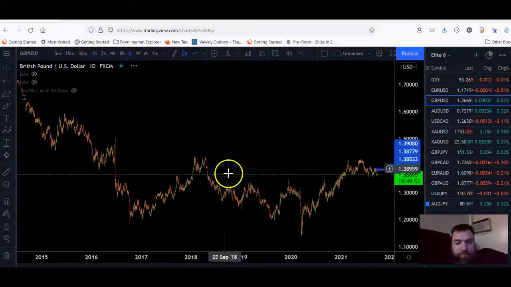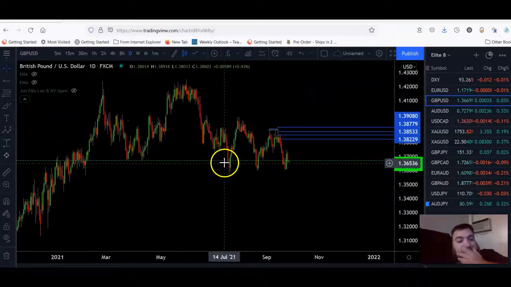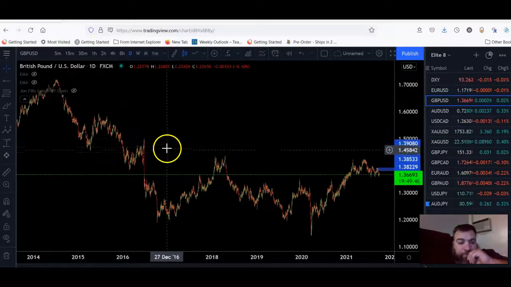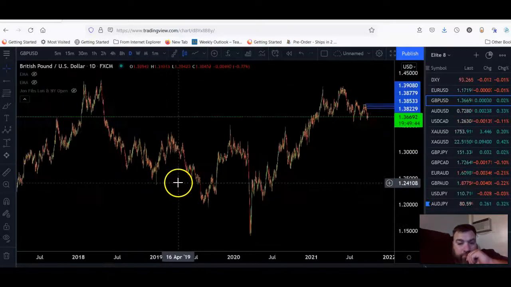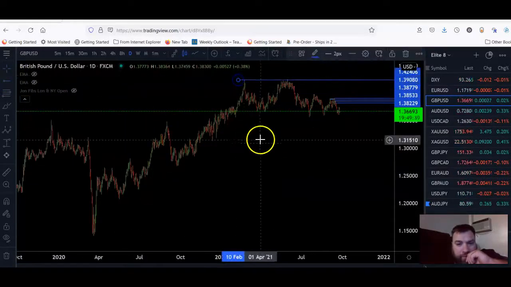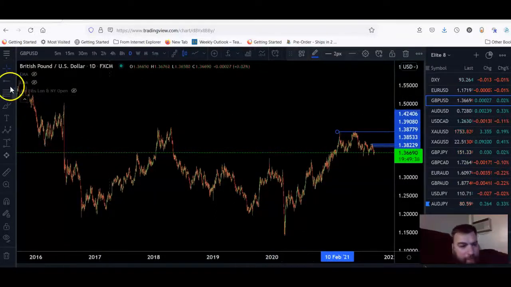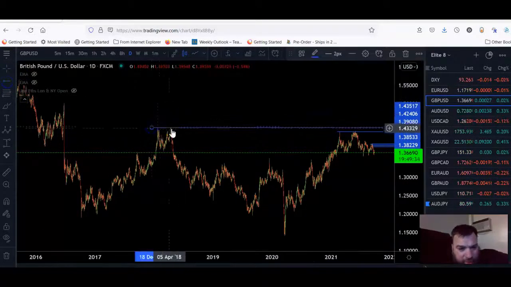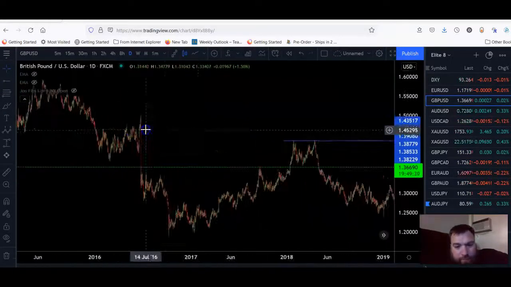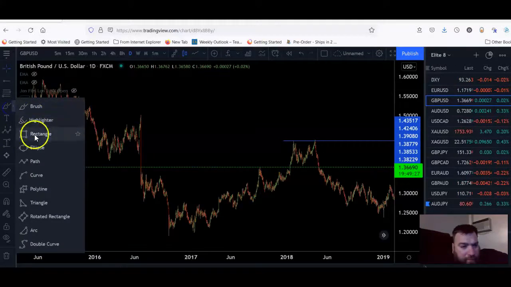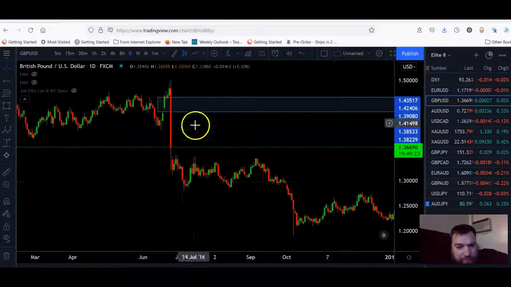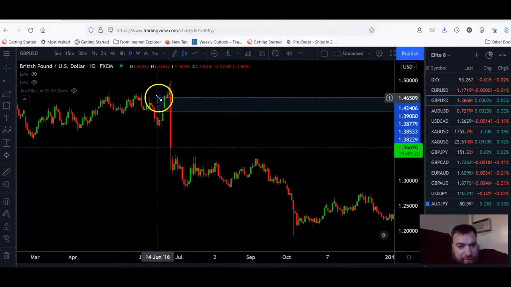But here, let's look at this on the daily. So on the daily, some equal highs right here. These are relatively equal highs right here. You still have some imbalance right here that needs to be filled in.